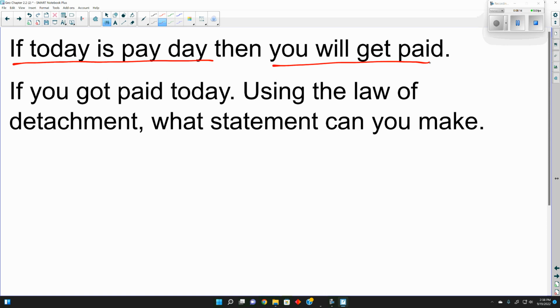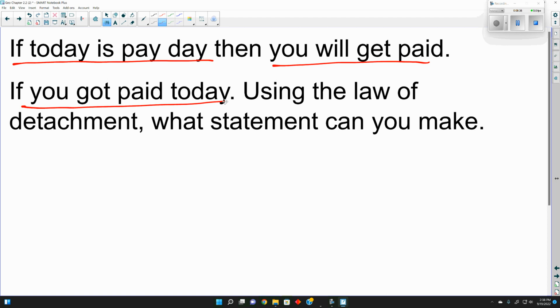If today is payday, yes? Is this telling us that the hypothesis is true? What's the hypothesis again? Today is payday, yes? Is me getting paid today saying that the hypothesis is true? Can I say anything from this?